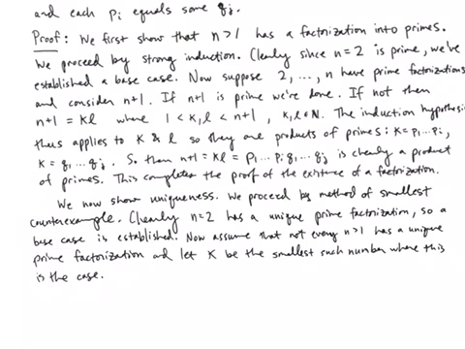Actually, I changed my mind. I want to call this M. Okay, so thus M equals P1 through Pk and also equals Q1 through QL.